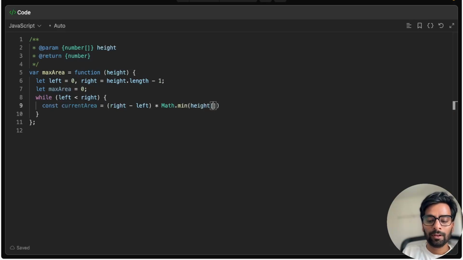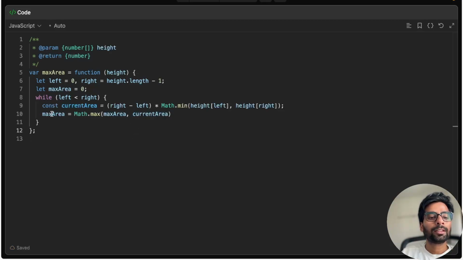So height of left comma height of right. Okay, looks fine. Now we need to see if I can get a best maximum area. So what we can do, we can take math.max to compare the previous max area and the current area. Now if my current area is more, then this max area will be getting updated here.